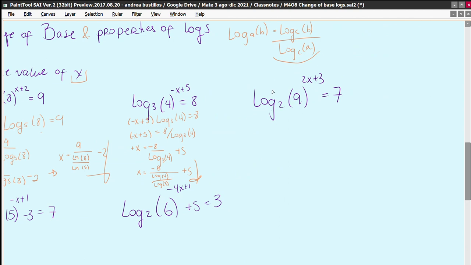Next one. Again, I'm going to apply the power property to put down the exponent of this logarithm. Then the logarithm is getting in my way of isolating the x, so I'm just going to pass it to the other side, dividing.